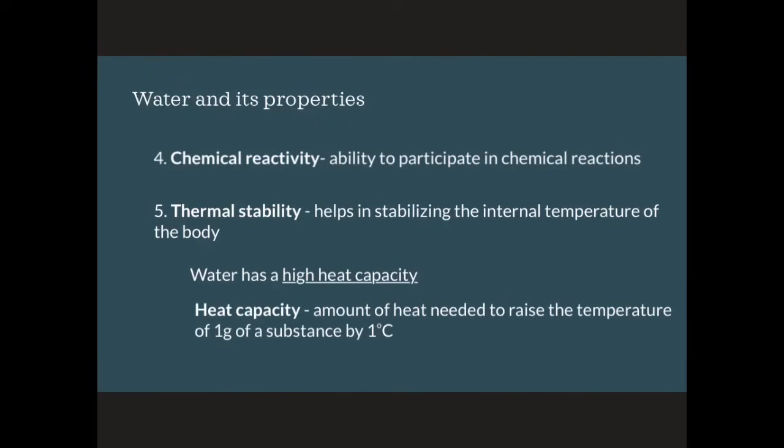What this basically means is that there's a lot of heat needed in order to raise the temperature of water, and therefore it has this thermal stability. Think about when you go to boil water, it takes a really long time for water to boil at very high heat on the stovetop. This is a good thing when we talk about our body because we don't want our temperature changing very rapidly if it's hot or if it's cold outside.